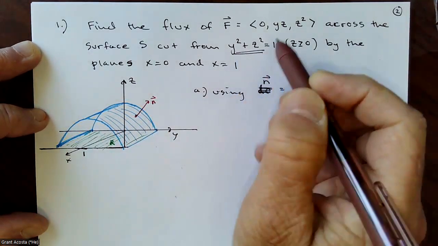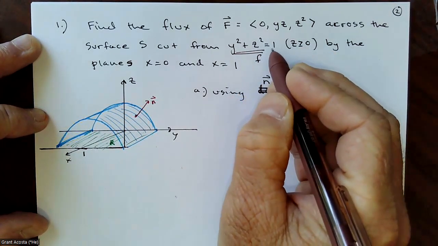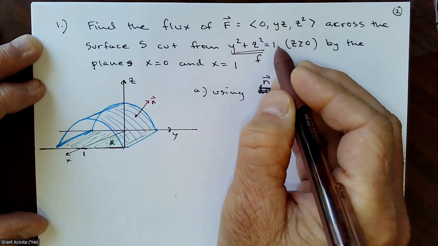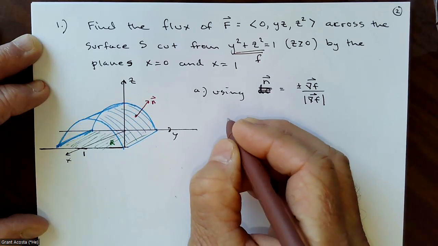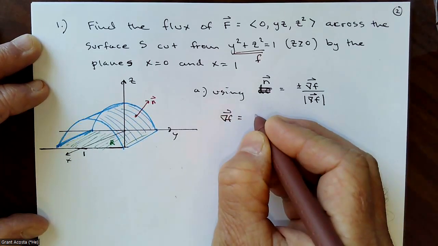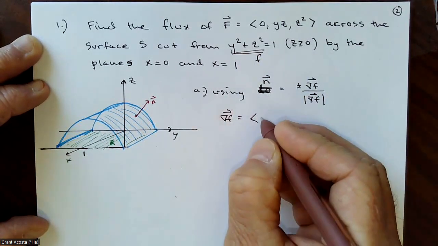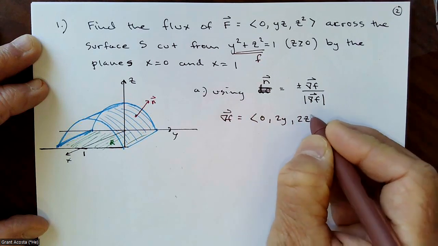So this would be our f function. Remember, to find the gradient, a lot of times you move everything over to one side, but as long as this is equal to a number, you're just going to take your partial derivatives. So my gradient is going to be the partial with respect to x, which is 0, partial with respect to y, 2y, and 2z.